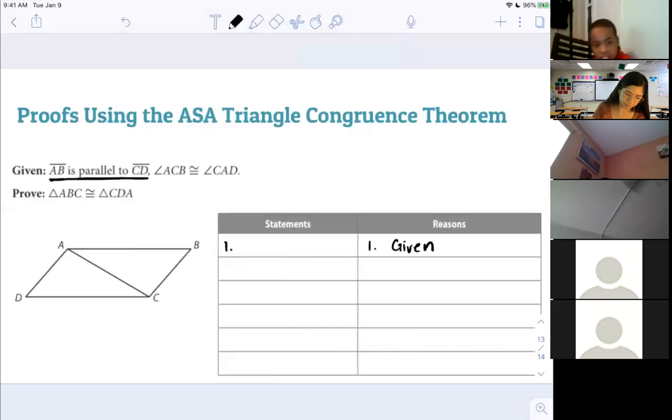It's right there. Okay, pause, Daniel. Right now, all we're doing is reading what they tell us to read. Line segment AB is parallel to line segment CD. Angle ACB is congruent to angle CAD. Exactly. That's all we're writing down. We're starting off with what we're given.